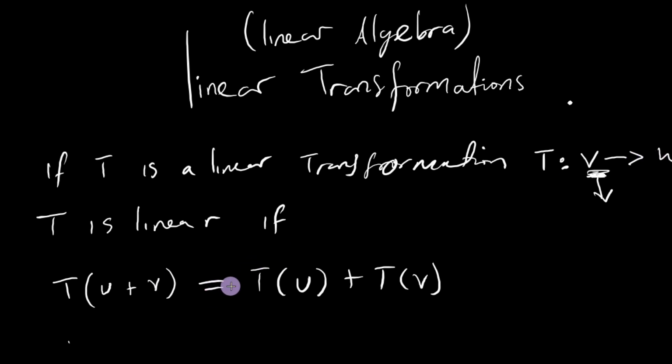If we get the same as transforming the individual vectors, that is one condition satisfied for linearity.